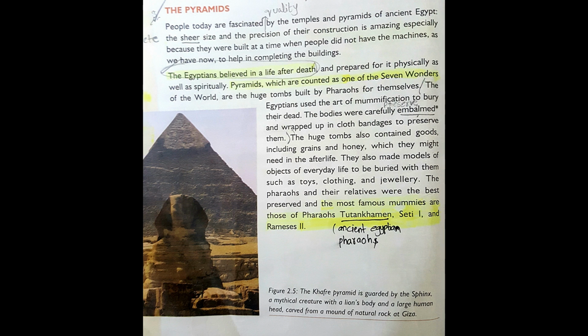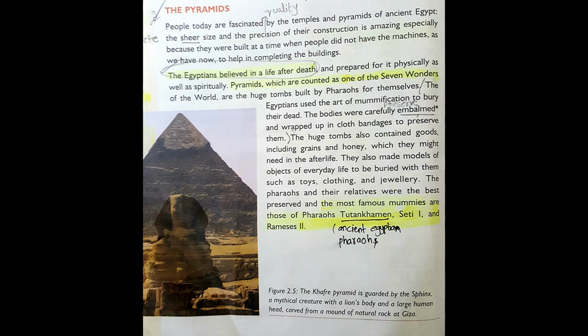The huge tombs also contained goods including grains and honey, which they might need in the afterlife. They also made models of objects of everyday life to be buried with them, such as toys, clothing, and jewelry.